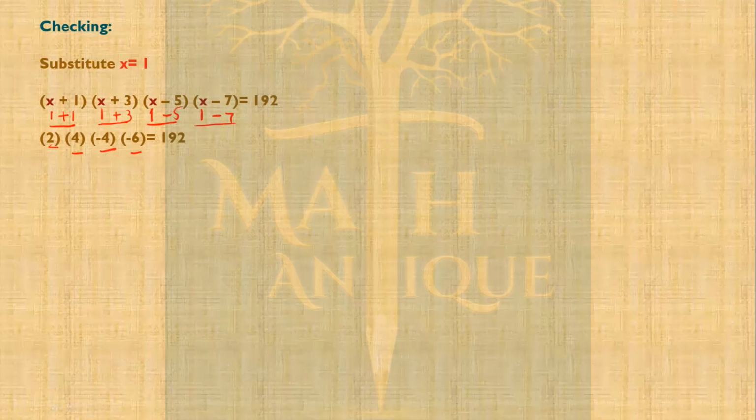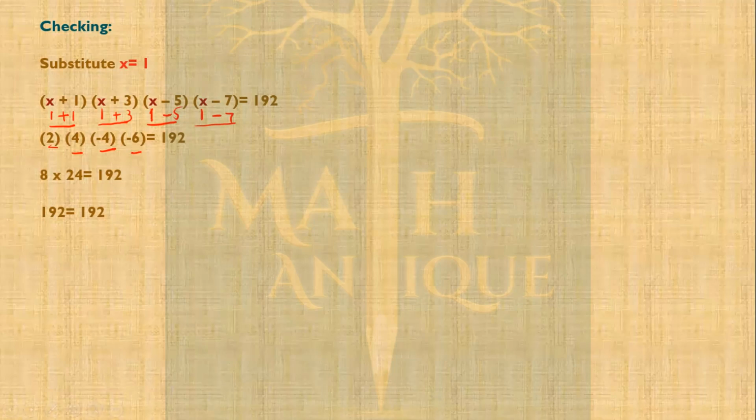After simplification, it is 8, and minus 4 into minus 6 is plus 24. So 24 into 8 is 192. So proved, both are equal. So x is equal to 1 is the solution of the equation because it satisfied the equation.